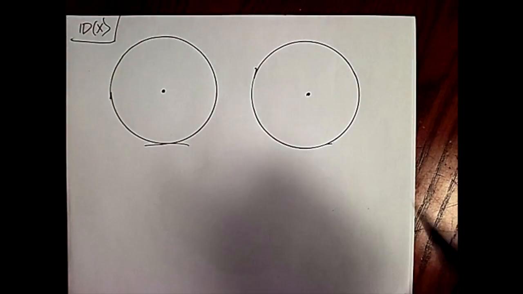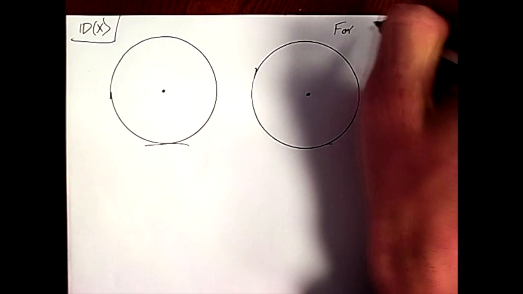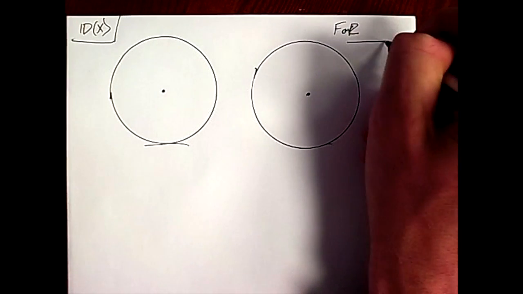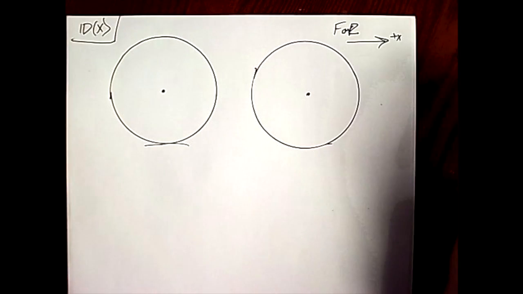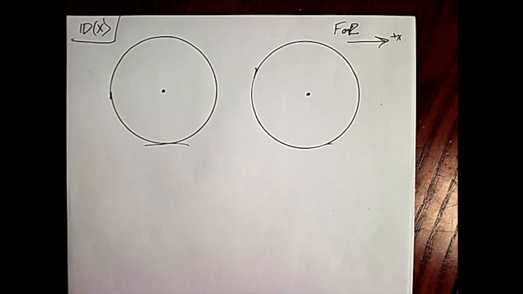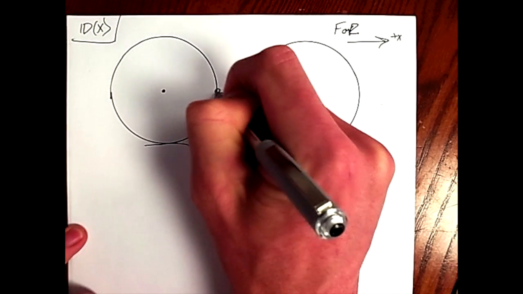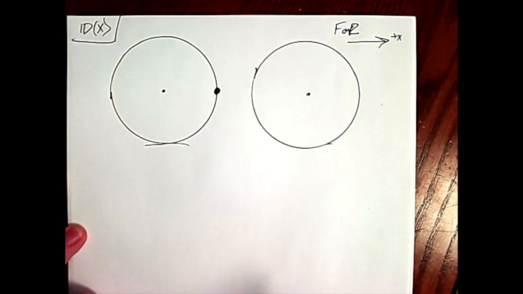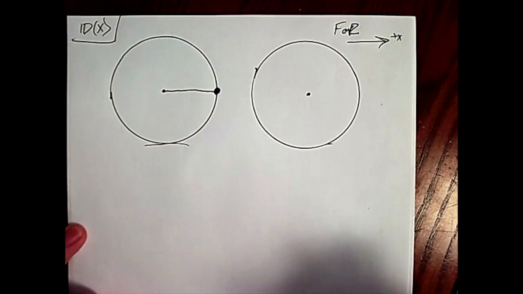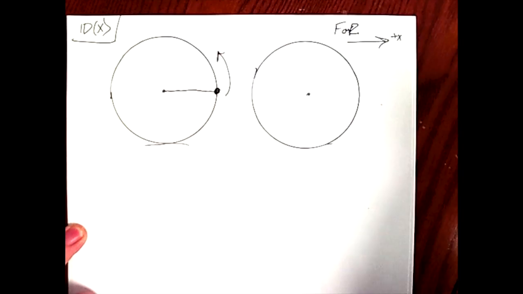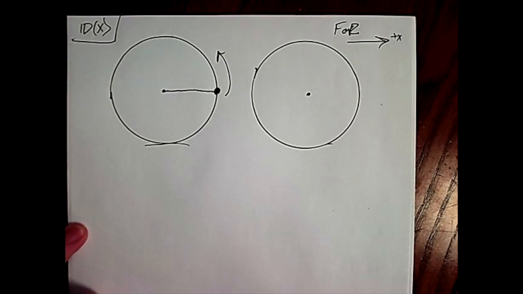So if we're thinking solely as a frame of reference for left and right, call going to the right positive x. If I had a mass attached to, let's say, a string that was spinning in a circle in this direction, right?